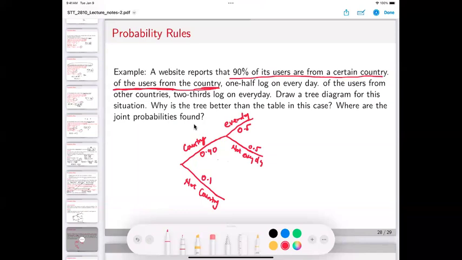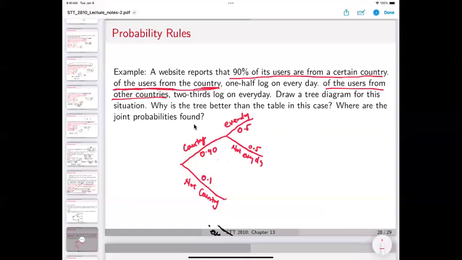Then it goes ahead. Of users from other countries, 2/3 log on every day. So here is going to be every day, 2/3. Not every day, 1/3. Does that make sense? So this is how to construct the tree diagram.